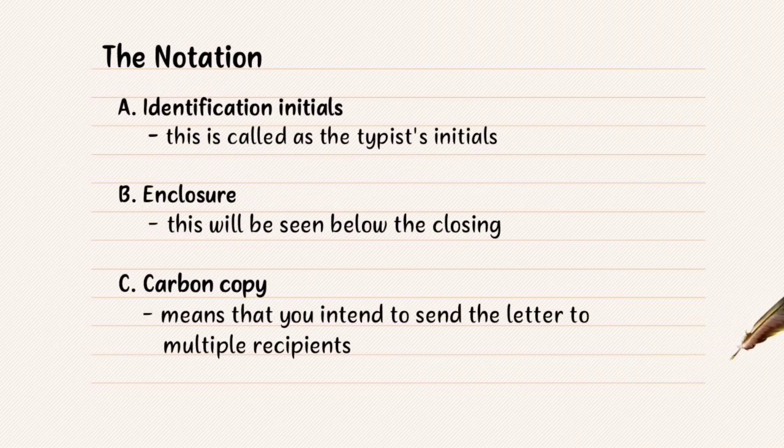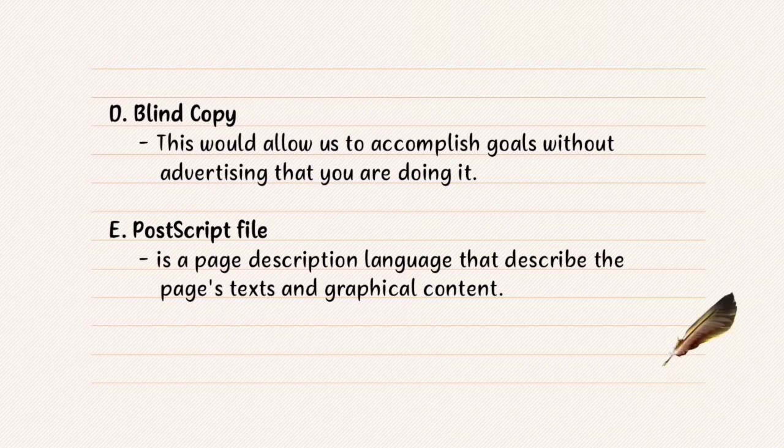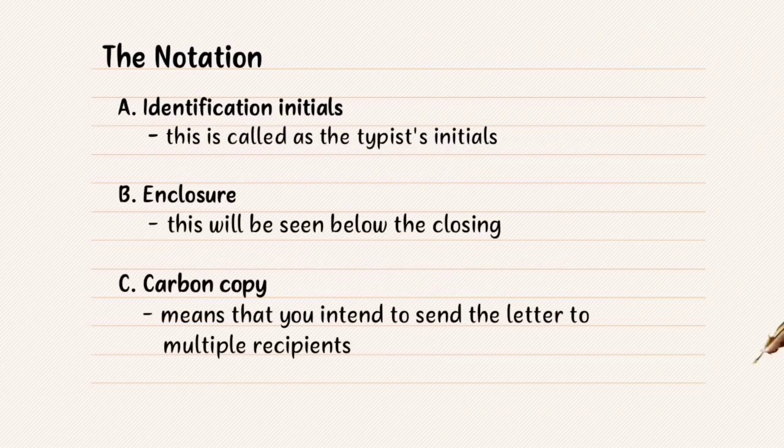Actually, there are five parts of the notation. The first one is the identification initial. The second one is the enclosure, the carbon copy, the blind copy, and the postscript file. But first, we will tackle the identification initial.